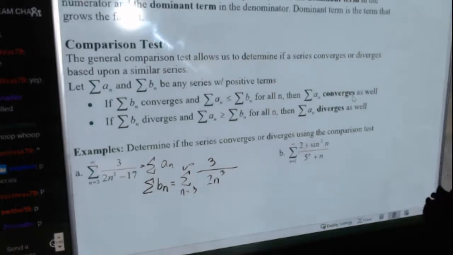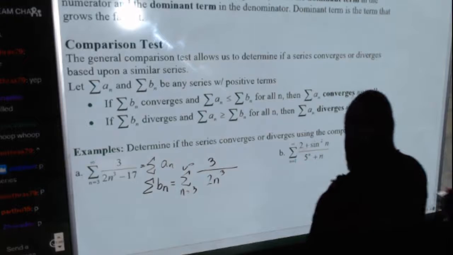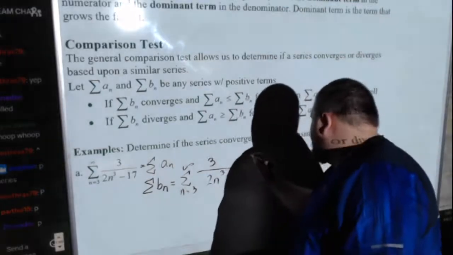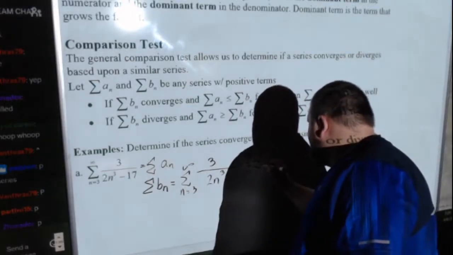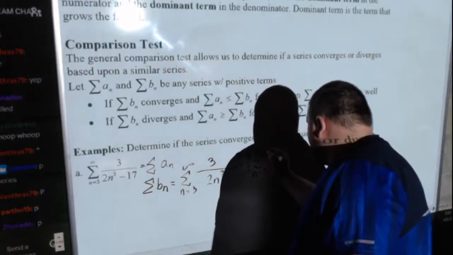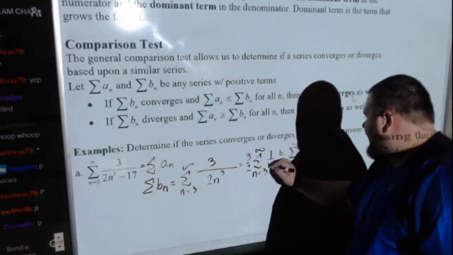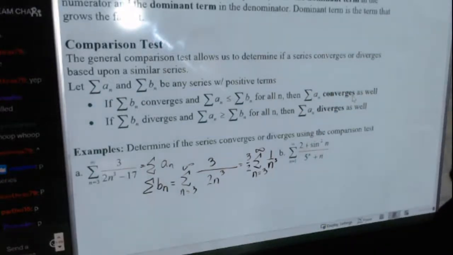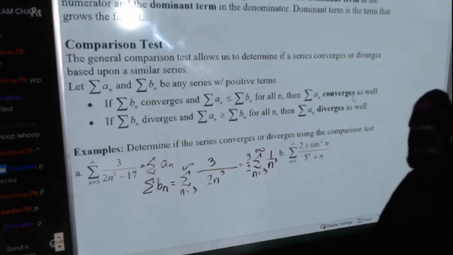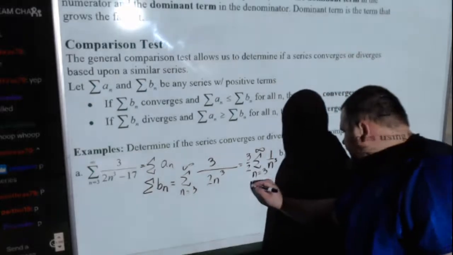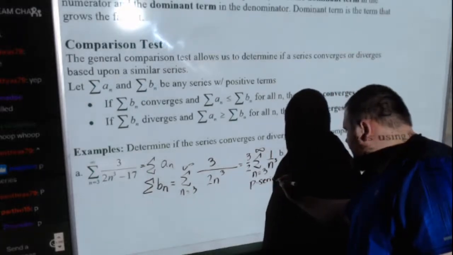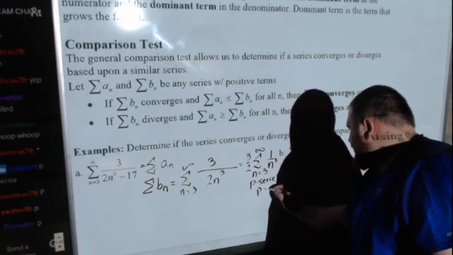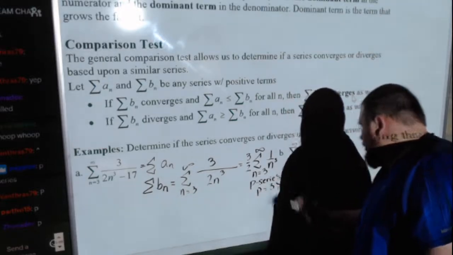So I've got 3 over 2n cubed. I can rewrite that as 3 halves times the sum of 1 over n cubed. You should recognize that as a p-series. So this is a p-series, p is equal to 3. That's greater than 1.